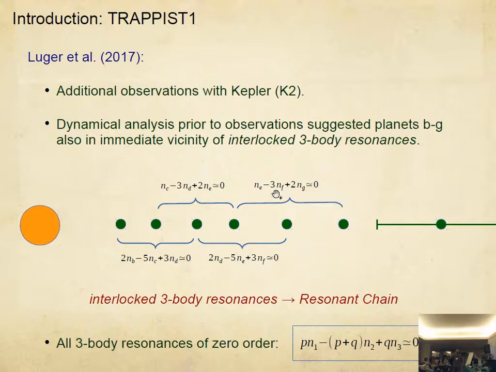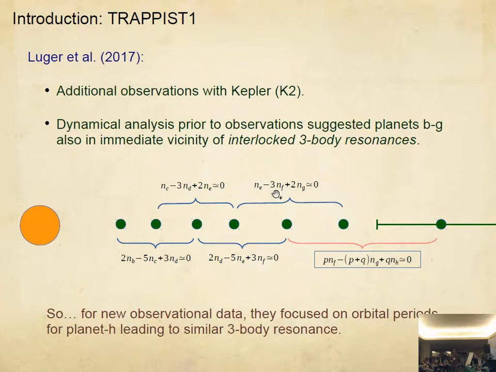So the first 3 planets are locked in a 2 minus 5 plus 3, the second, third, and fourth in a Laplace 1 minus 3 plus 2, etc. So this is an interlocked 3-body resonance, usually referred to as a resonant chain, and each of these pieces are Laplace or zero-order 3-body resonances, in which a relationship is given by integers p and q such that the sum of these integers is 0.